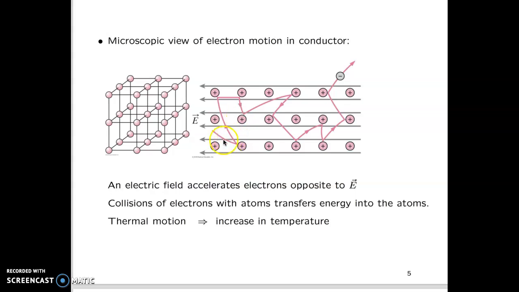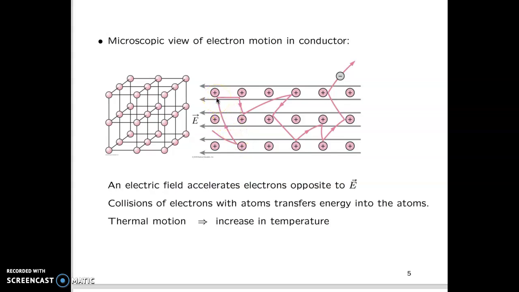There's a gradual movement to the right. The electrons accelerate ballistically, meaning they accelerate freely until they collide with one of these atoms, and then there's a transfer of energy and momentum. The trajectory changes, and then they move further.